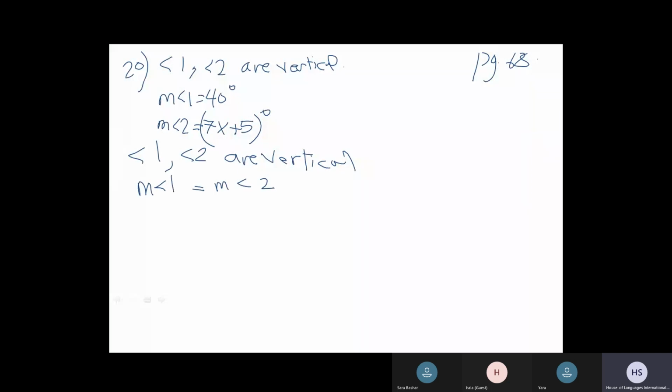Now, what's the measure of angle 1? 40. What is the measure of angle 2? 7x plus 5.